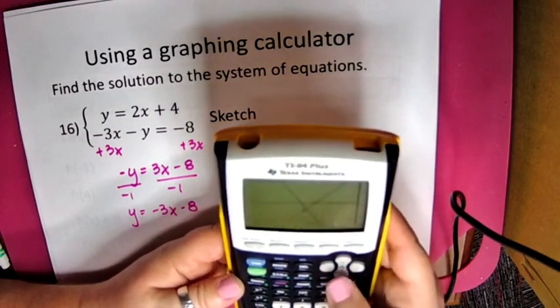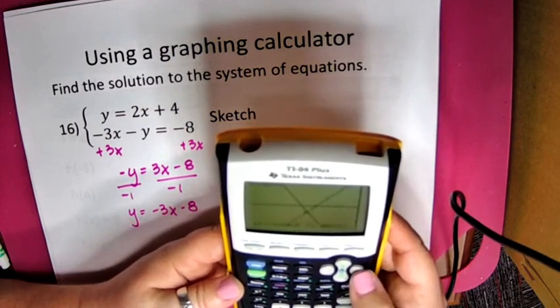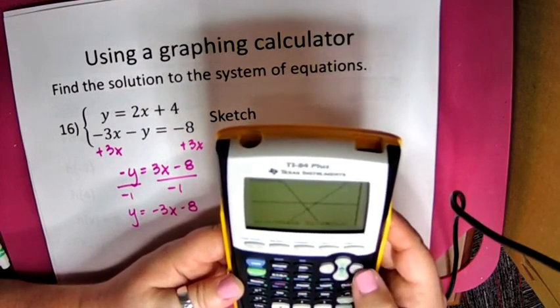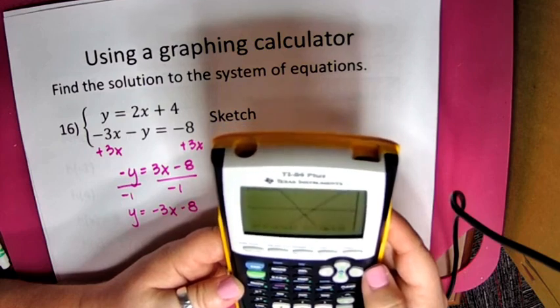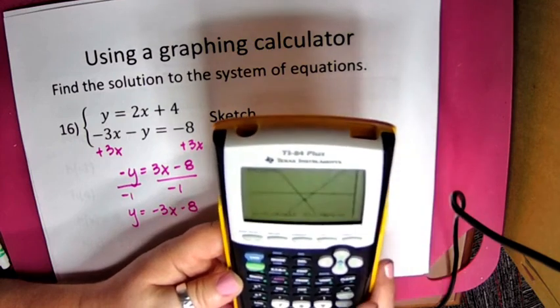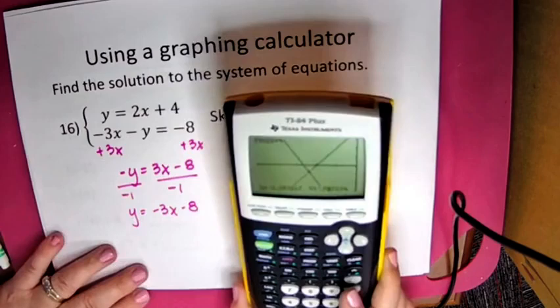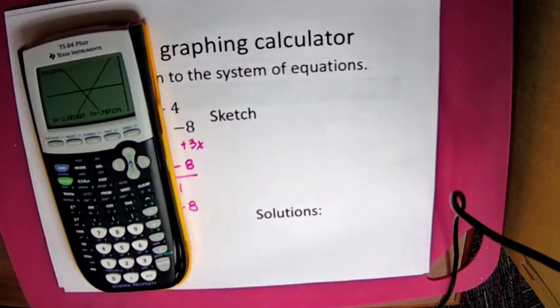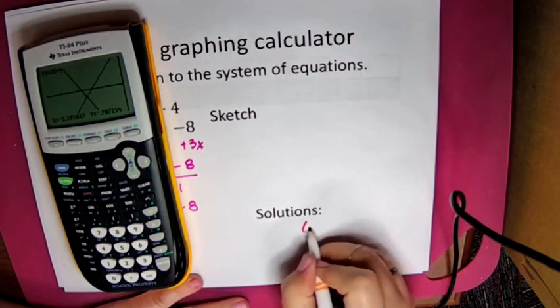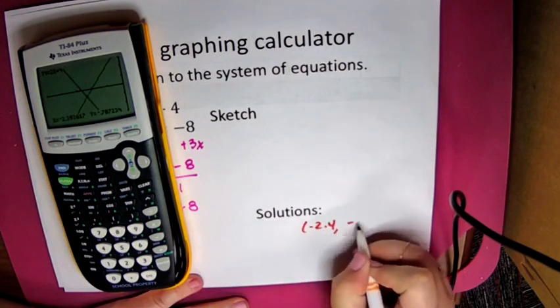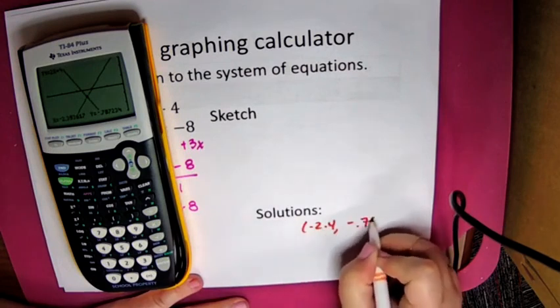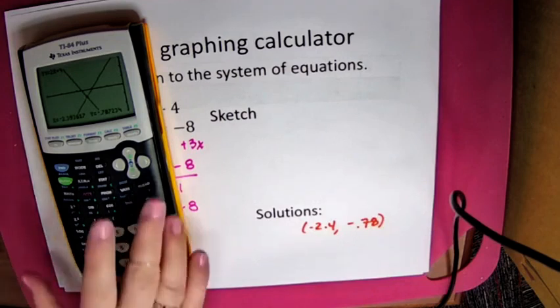Oh, see now when I trace, I got a little better visual. It looks like -2.4 and about -0.78. So that's what I'm going to write. Okay, when we do those solutions.